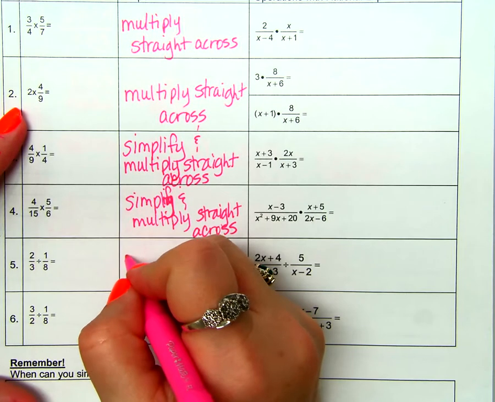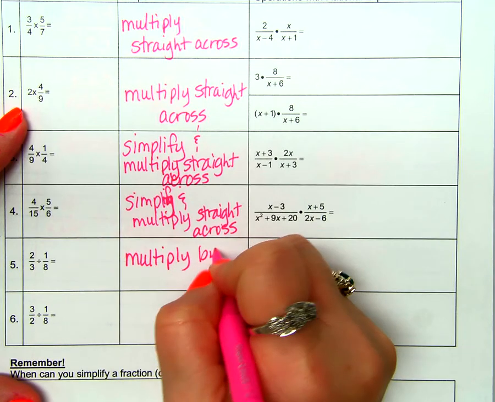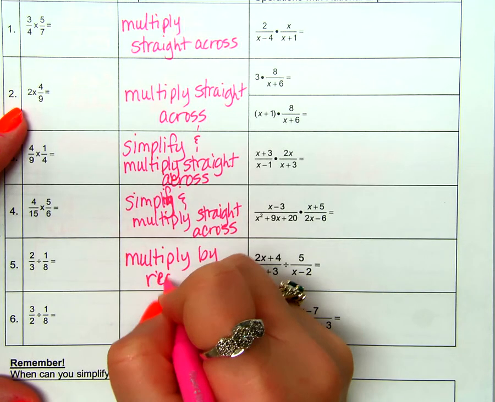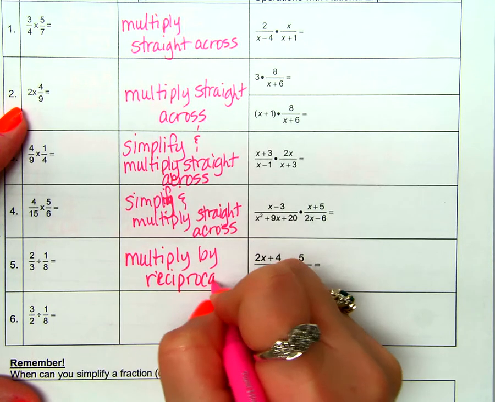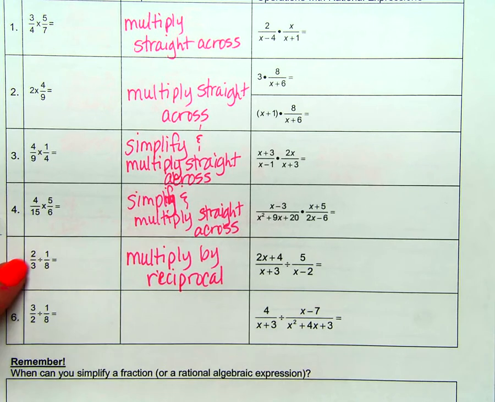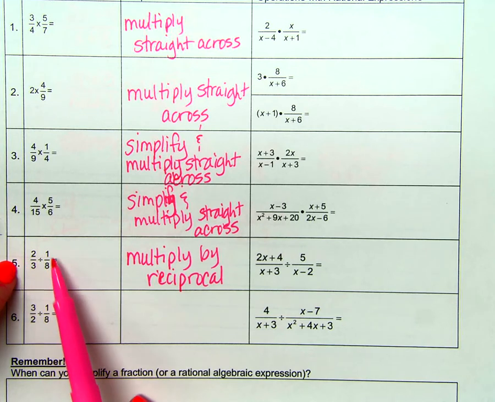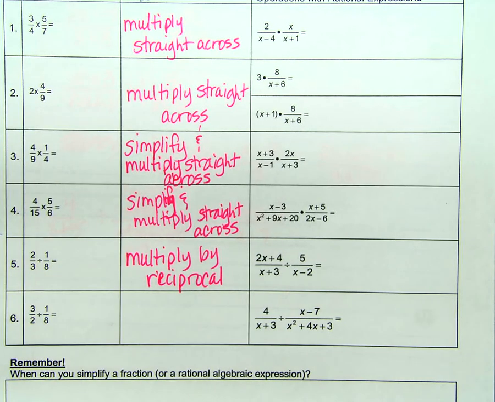Is that what you mean to put? Multiply by reciprocal? What did we do? Isn't that what we're doing though? If I flip the first one, am I multiplying by the reciprocal? If I'm multiplying this one, this is where I'm starting, I'm multiplying it by the reciprocal. Okay? You want me to tell you what they put last period?